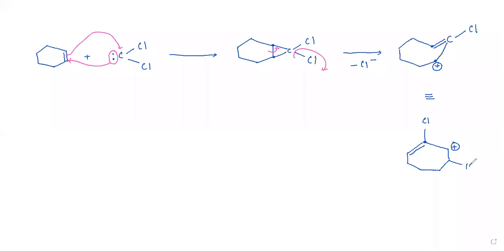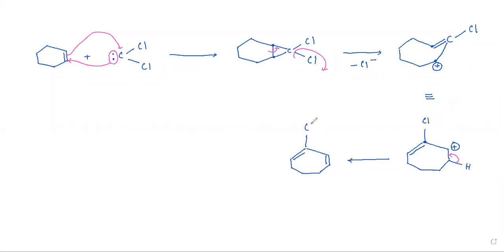Now take a hydrogen out so that it can come to the rescue of the positive charge. Take it this way. Right. Now you get something of this type. A double bond here, then a double bond. Yes, they are in conjugation.